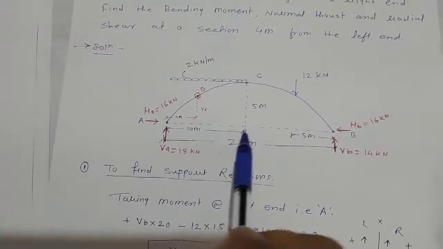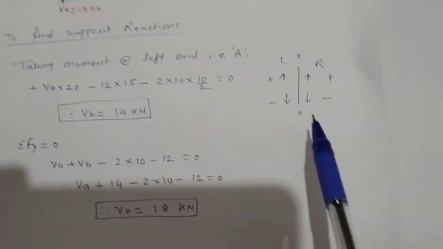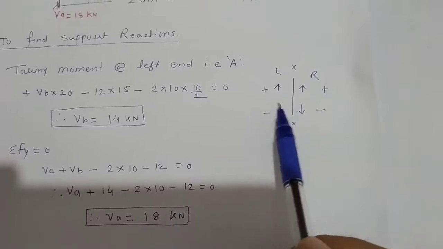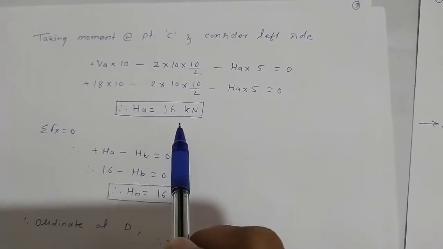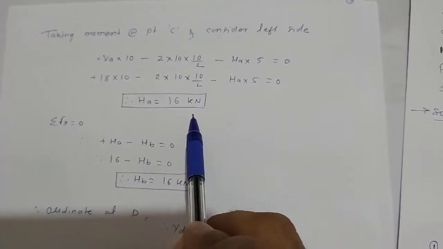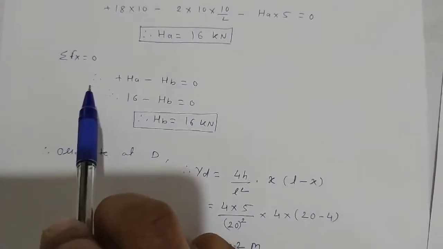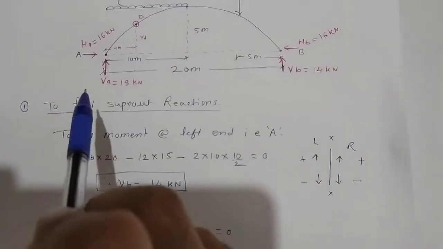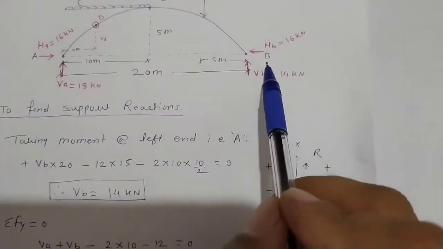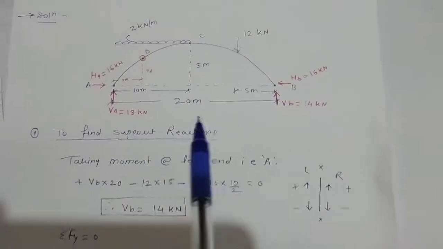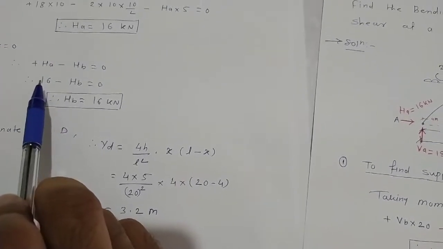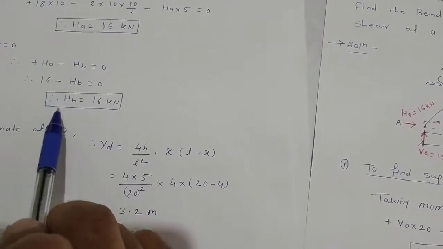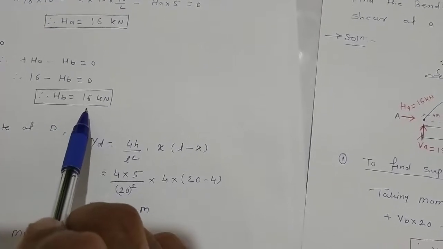We followed the sign convention for left side. You will get HA, that is 16 kilonewton. Then summation Fx is equal to 0. We have two horizontal reactions, HA and HB. So HA minus HB equals 0, you will get HB, that is 16 kilonewton.